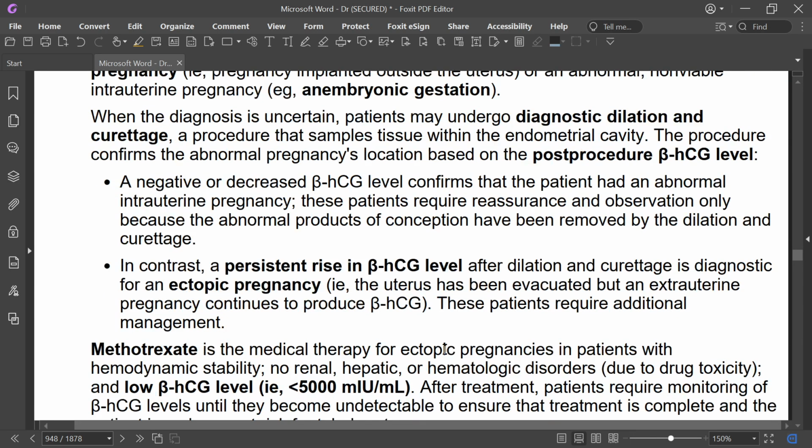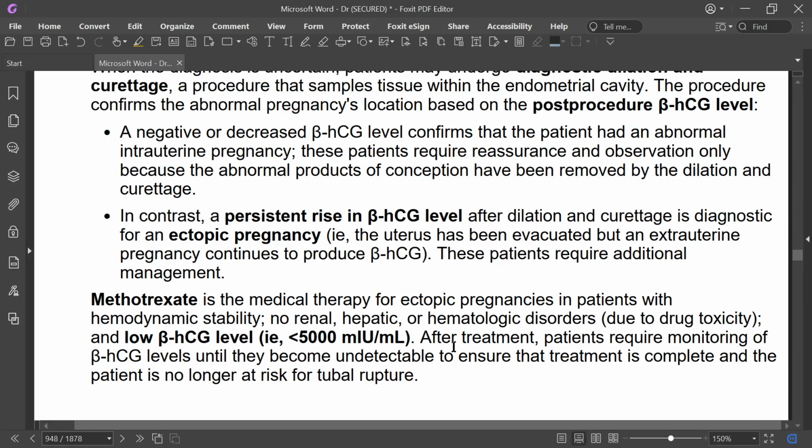A persistent rise of beta HCG after D&C is diagnostic for ectopic pregnancy.